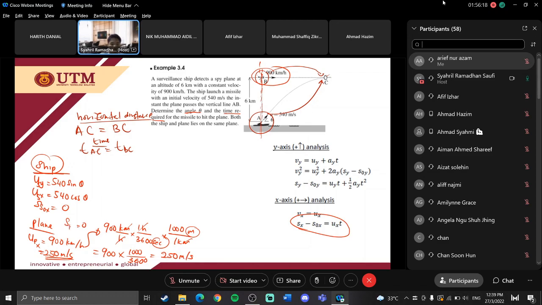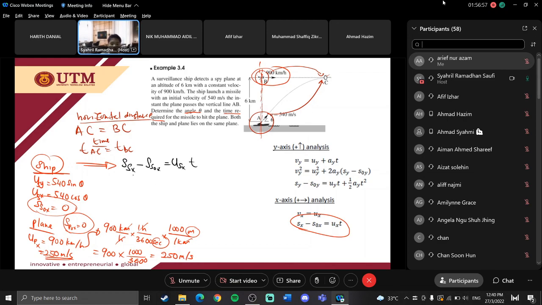S_Px0 is the initial velocity for the plane. This is the initial displacement for the plane, and this is the initial displacement for the ship. So you have Sx minus S naught x. For the ship, Sx minus S naught x equals Ux times t.